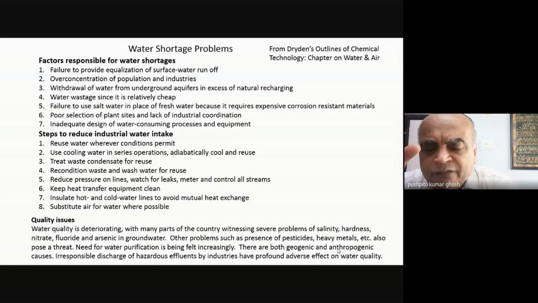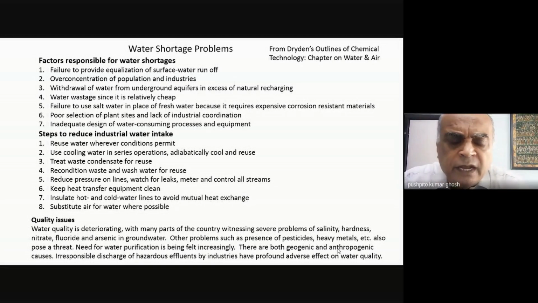So it's not as if the shortage of water has happened only today. It's always been there. The problem may have got aggravated in recent years, and we will discuss why. But what he says is he's trying to give some of the factors responsible for water shortages.